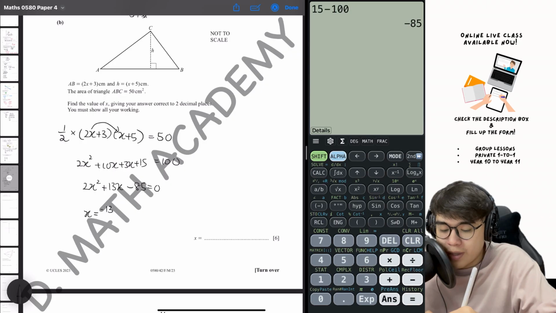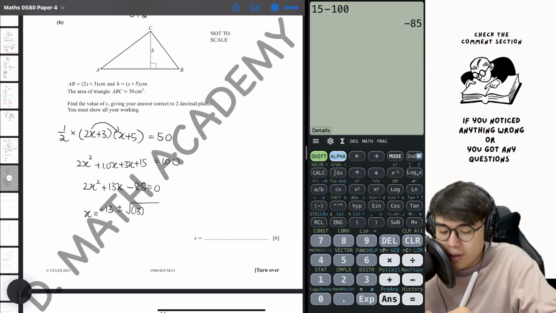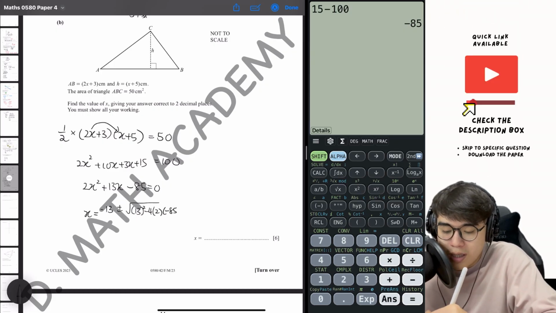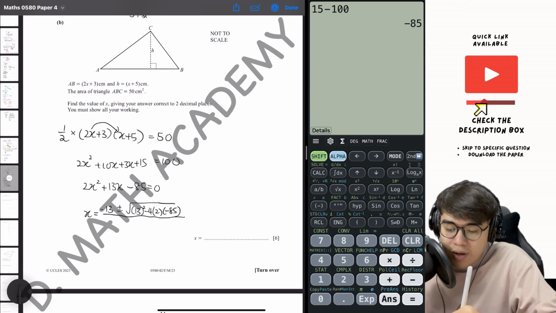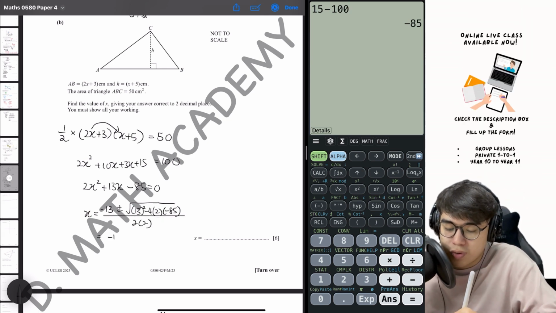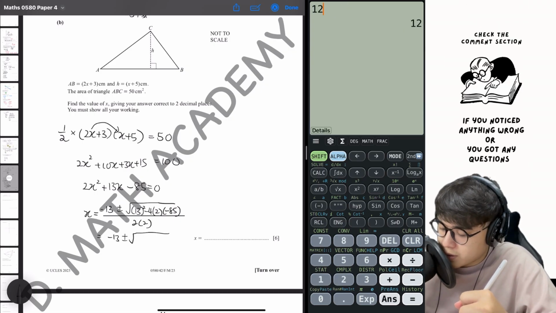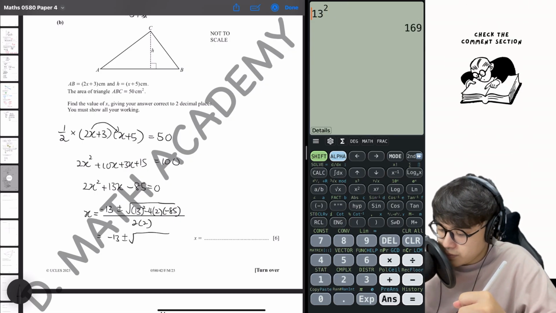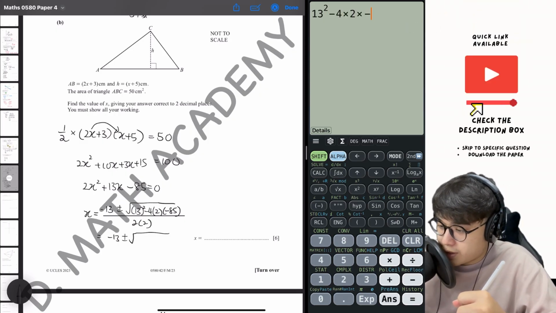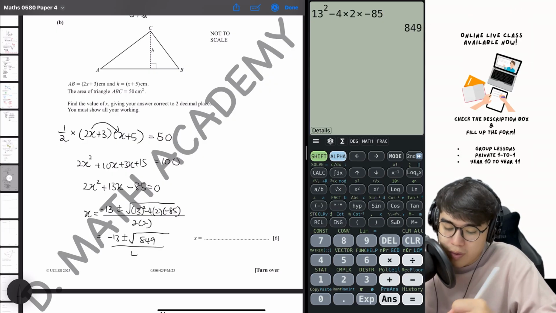Okay, negative b plus minus square root of b squared minus 4ac over 2a. Okay, you need to show them that you did part of the working. Minus 4 times 2 times negative 85, you get 849 over 4.